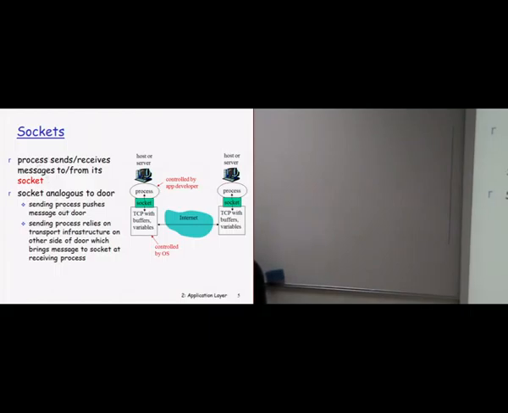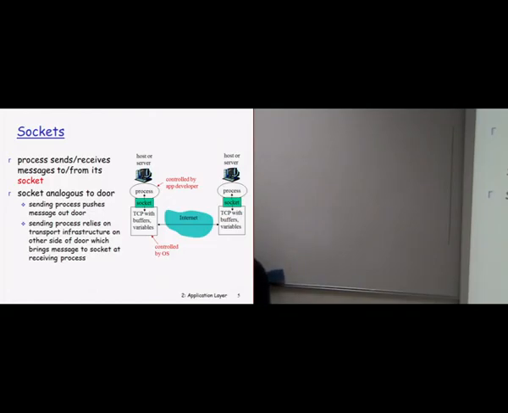The process sends the message through that door on one computer, and on the other computer the process receives the message through the socket. So a socket is analogous to a door, from where the process will push or pull the data on a particular computer.